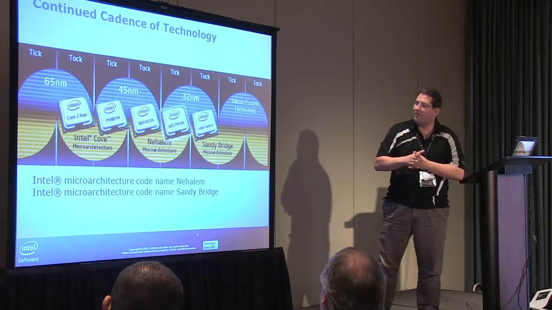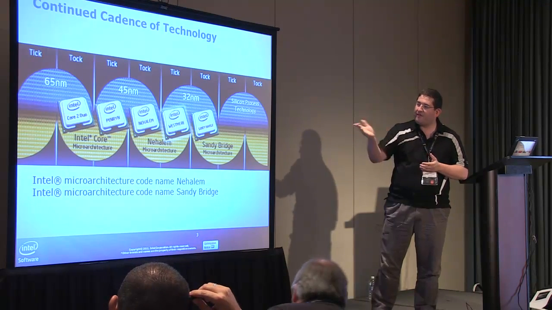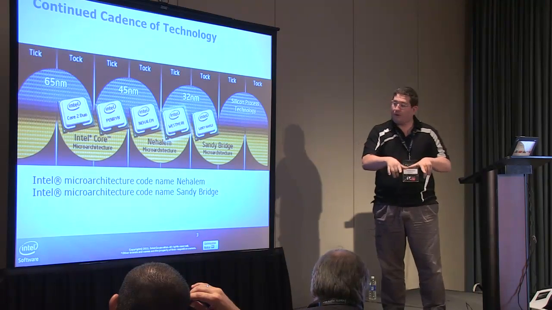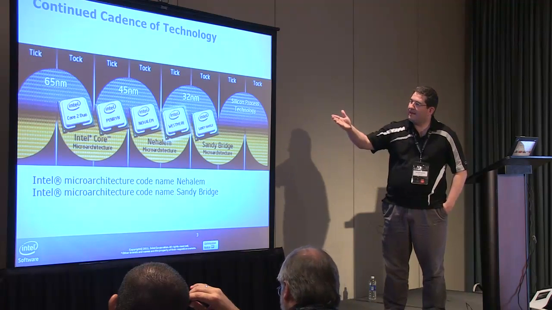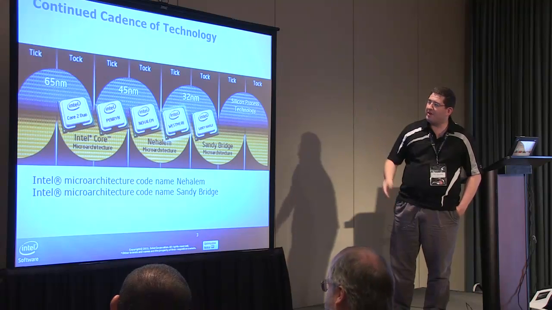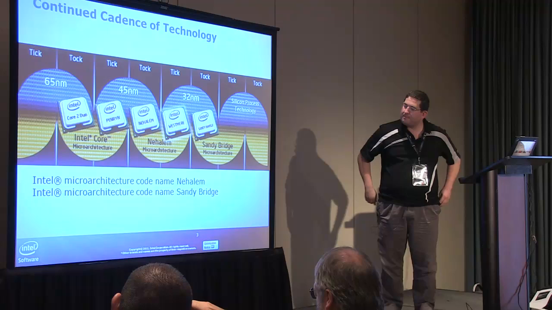So for instance, back with Nehalem, there was a 45 nanometer high-k gate lithography technology being used to actually create the CPU. Nehalem was a new architecture, and then Westmere, that new architecture shrank down.